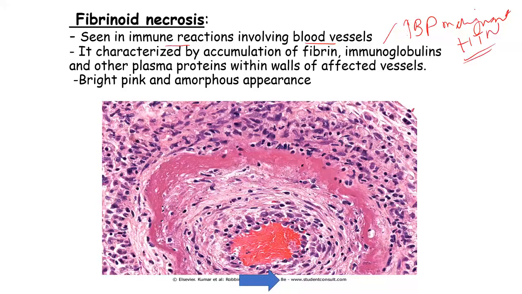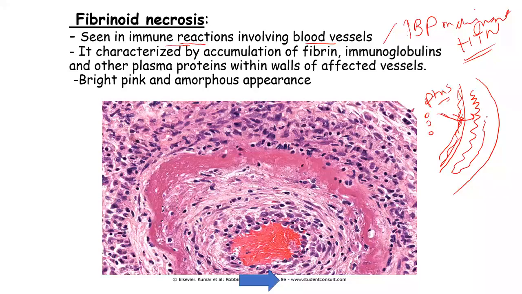So in immune reactions involving blood vessels and in malignant hypertension, I have destruction of the wall of the blood vessel, and the intima here is destroyed or injured, and then I have some proteins present in the lumen, in the blood. These proteins will go into the destroyed area in the muscle due to high pressure or immune reaction, and it will be filled with this proteinaceous material that looks like fibrin.